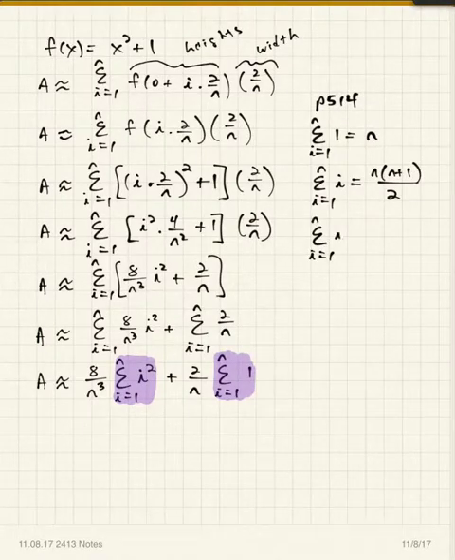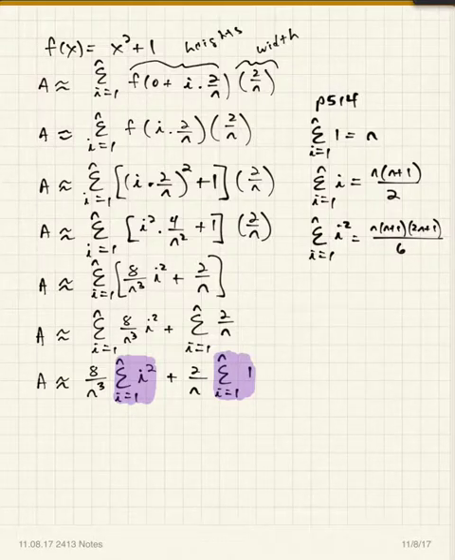And for i squared, the formula is n times n plus 1 times 2n plus 1 over 6. The expressions get more and more complicated. For these problems, these are the only formulas I'm going to ask you to be able to use, and I'm again going to give you these formulas on the next exam.